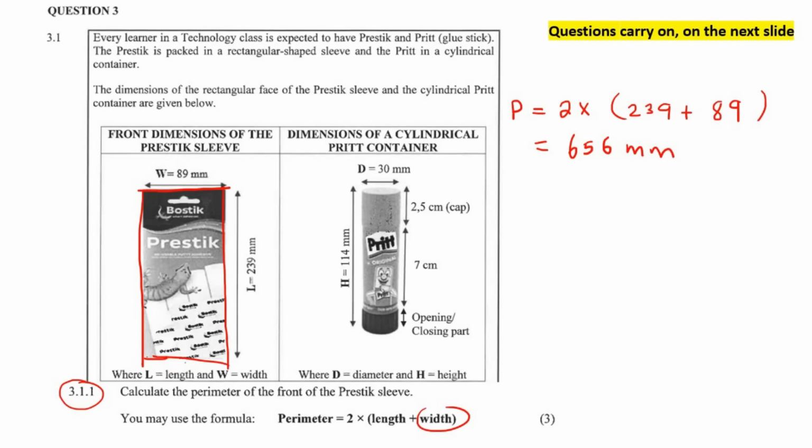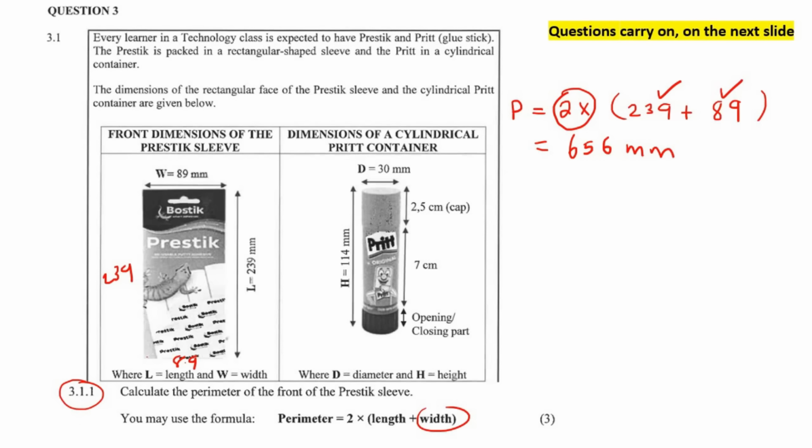This formula does all of that for you because it takes the 239 and the 89 and also multiplies by 2. That multiplying by 2 tells us that there's another 239 over here and another 89 over there. So that's correct, all done.